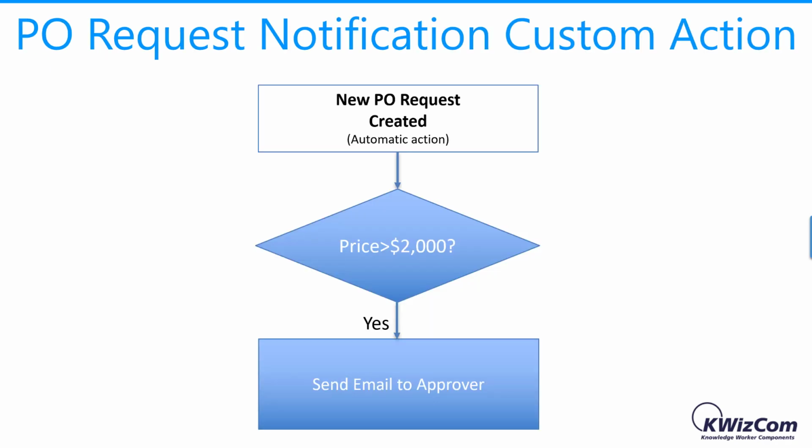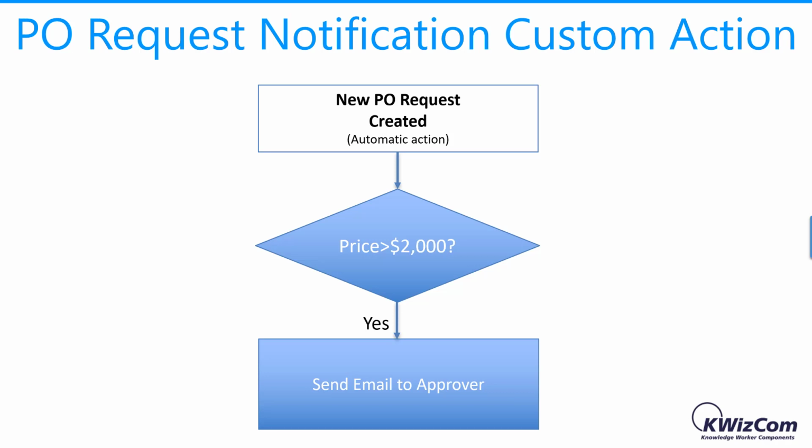We will create our first custom action using the following example. We have our PO request list, and we want to implement the following custom action. When a user submits a new PO request, meaning creates a new item and saves it, we want this custom action to be triggered automatically.